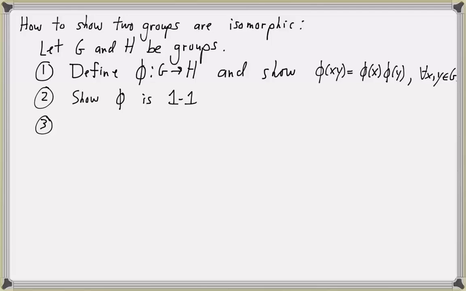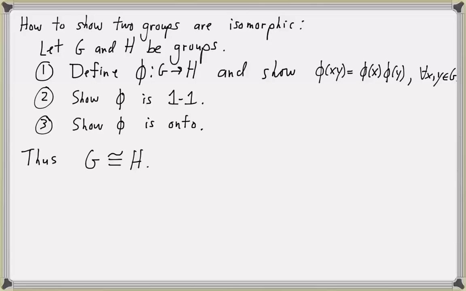Thirdly, we need to show that phi is onto. Then we can conclude that G is isomorphic to H. We need to define a function phi, show that it's a homomorphism, and that it's 1-to-1 and onto, and G must be isomorphic to H.